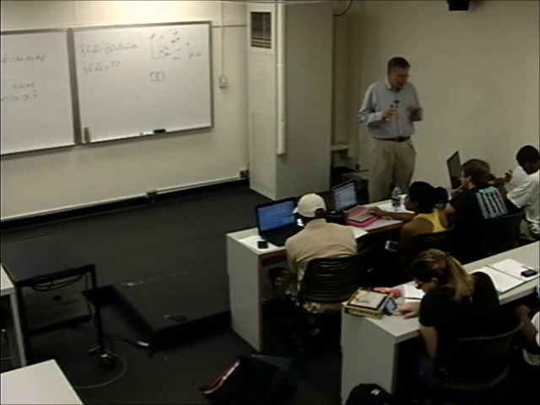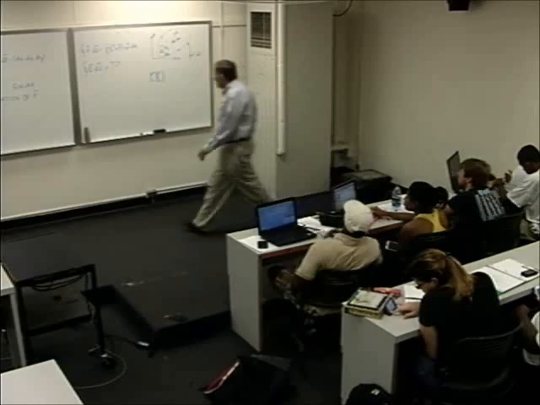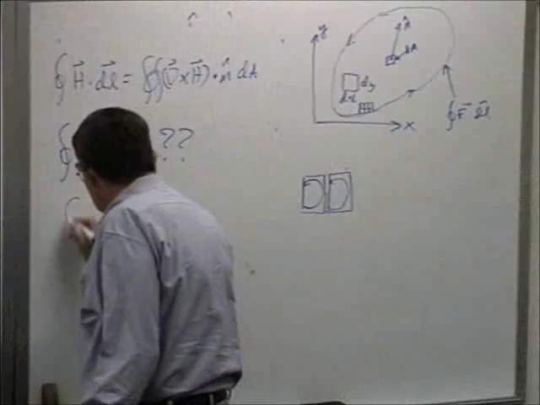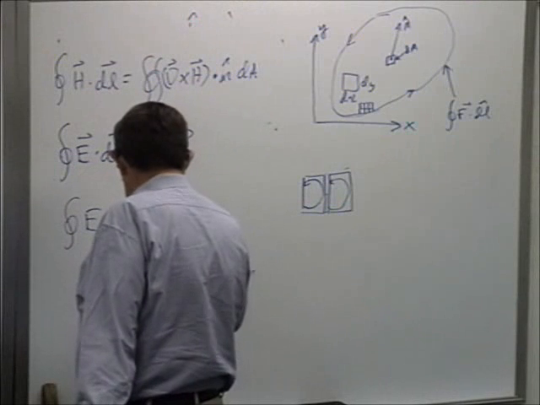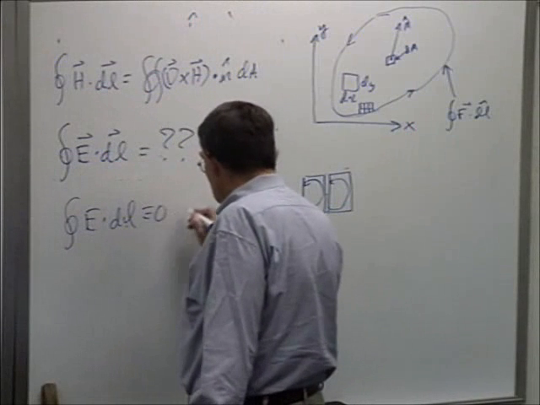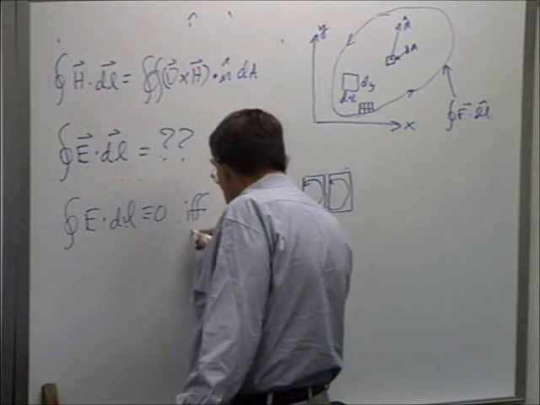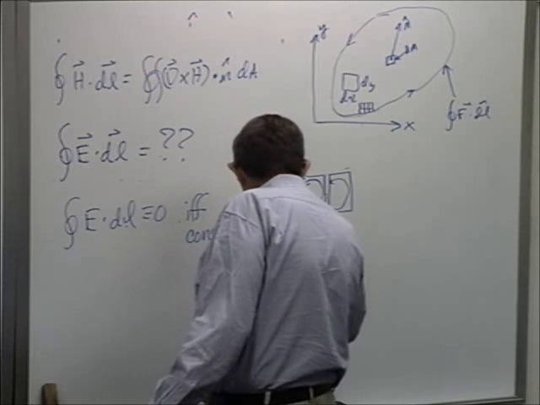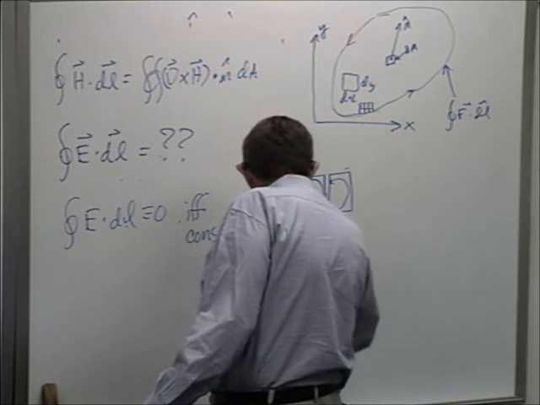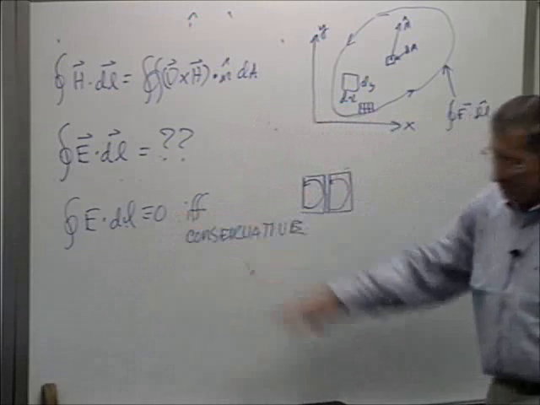So a definition of a conservative field is that the closed path integral is zero if and only if it's conservative.